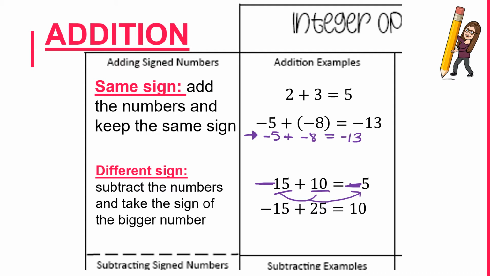Here's another example. If I have negative 15 and positive 25, the difference between those two numbers is 10. The larger number's positive, so it stays positive.